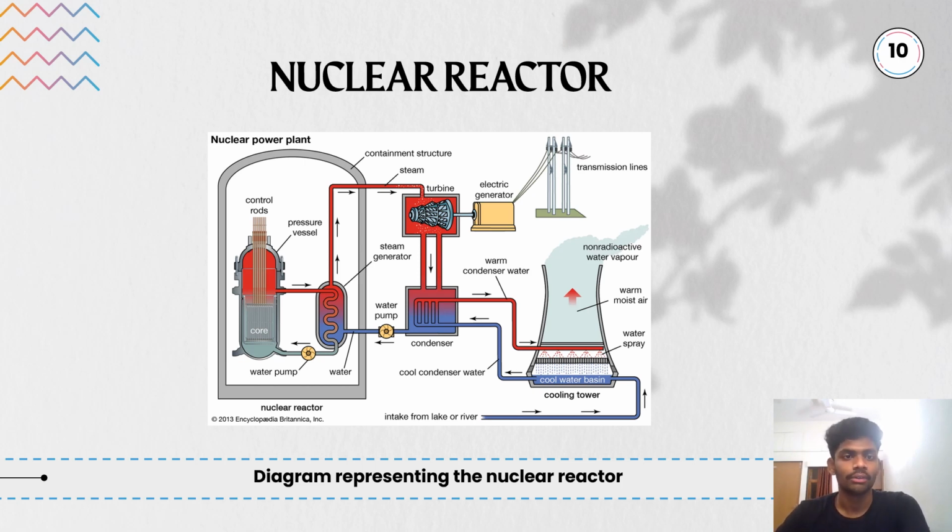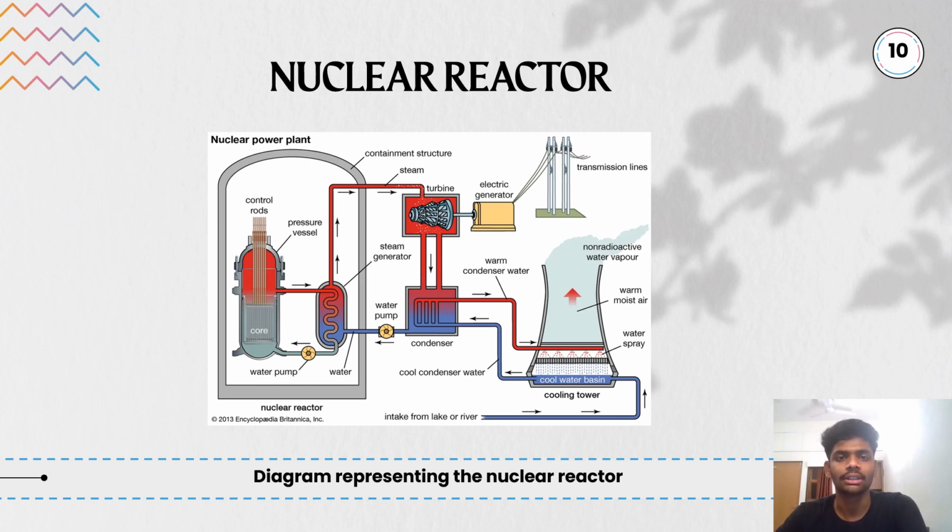So at first we can see this is a control rod, this is a pressure vessel, this is a water pump. Now this component is water, this is condenser, this is cool condenser water intake that is connected to a lake or river. This is the water spray, this is warm moist air, and this is non-radioactive water pressure. These are the transmission lines.